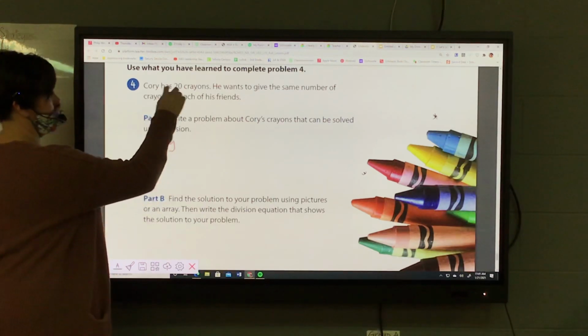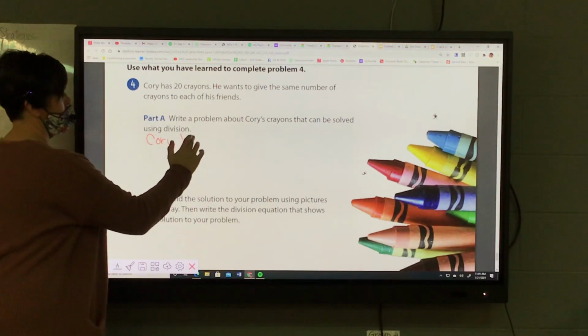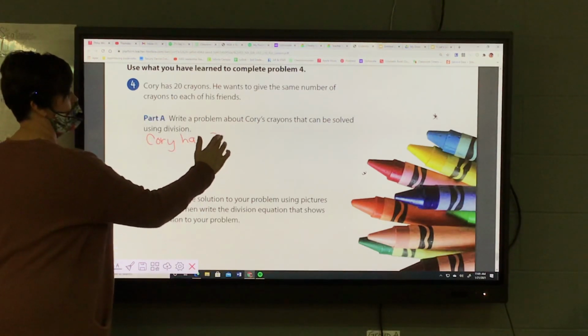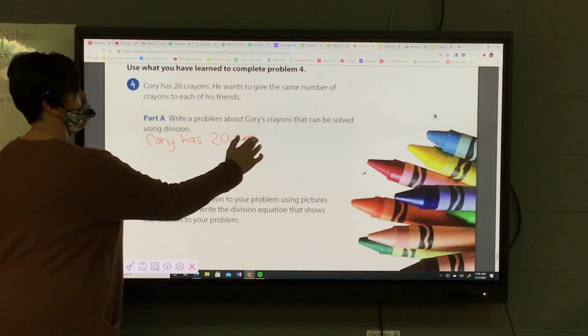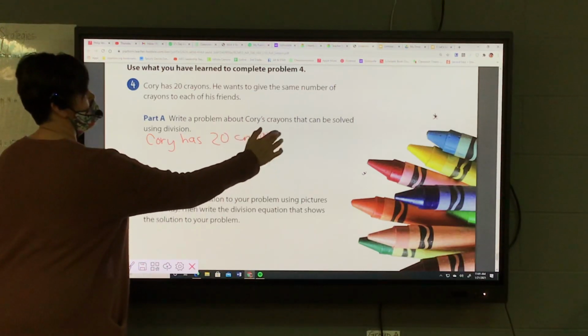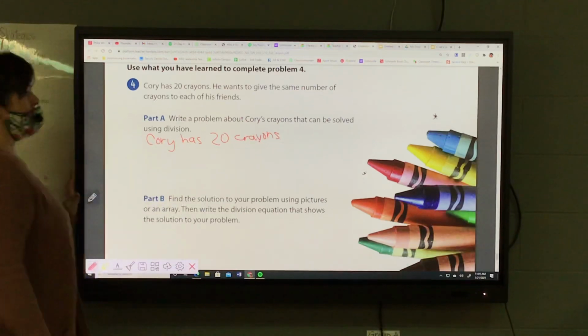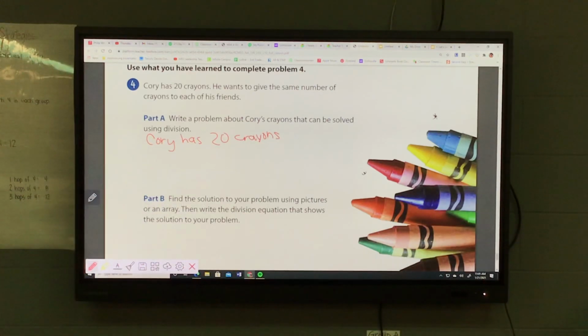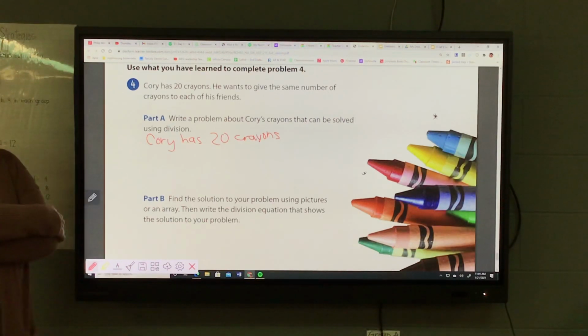Corey, we're just copying this down. Corey has 20 crayons. Oh, I thought we were copying over here.